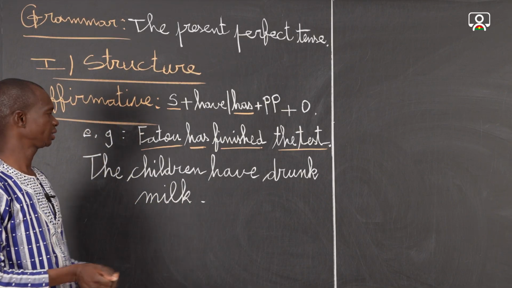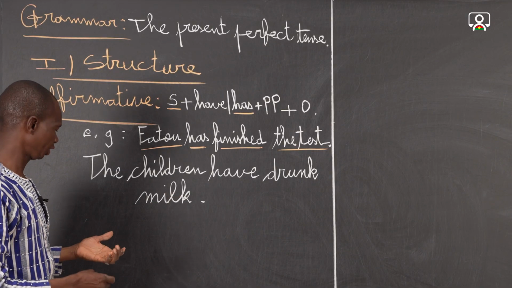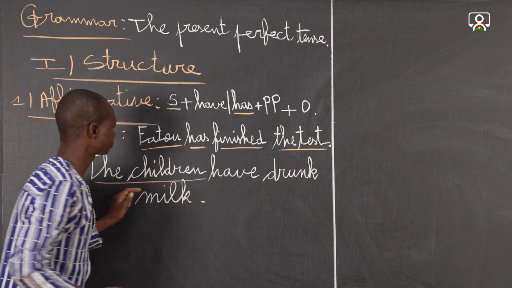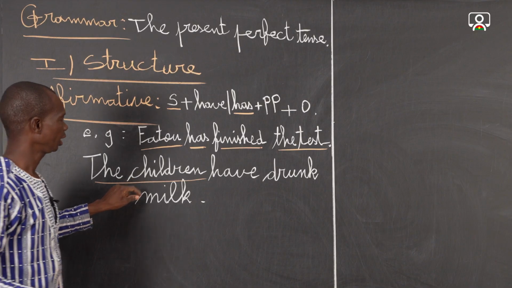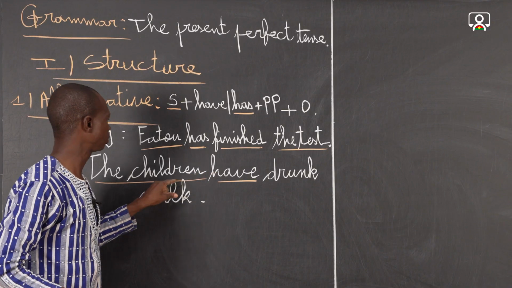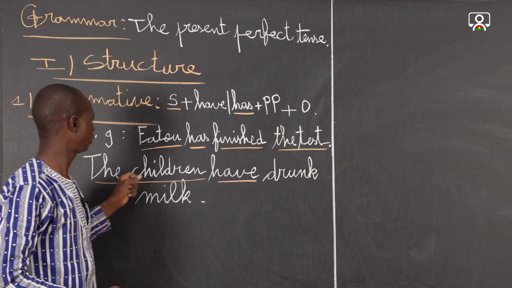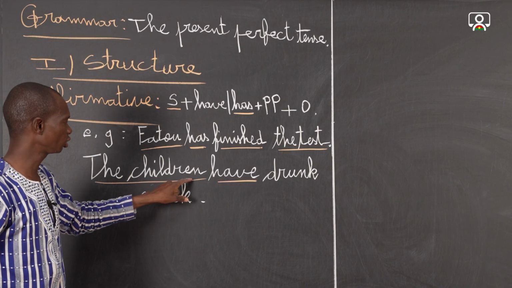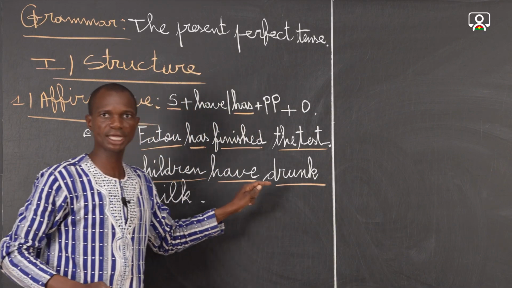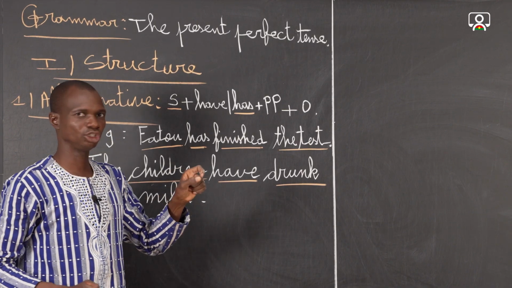This example is important here. The children is the subject, and we have have. Why? Because here it is irregular, then it's plural. Singular one, it's the child; children is plural. Have drunk: drunk is the past participle of to drink. Then it is an irregular verb.